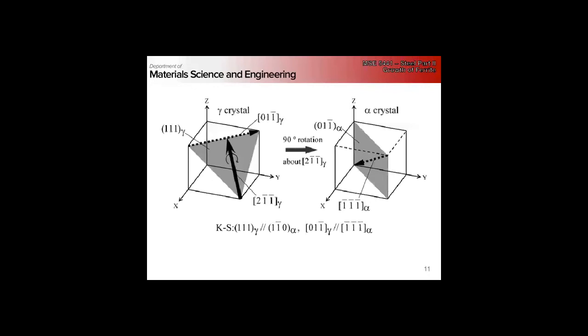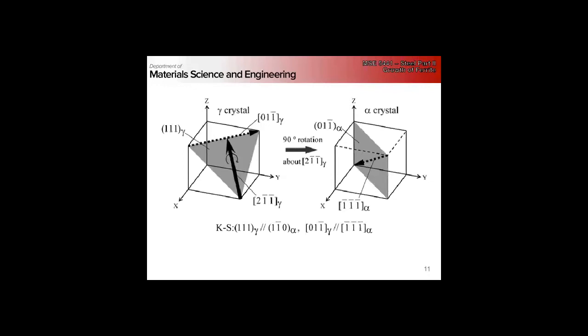for Kurdjumov-Sachs, we have the 1-1-1 plane, our close-packed plane along a close-packed direction in FCC. In BCC, we don't have a close-packed plane, but we do have close-packed directions.